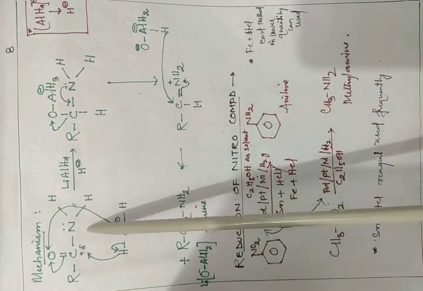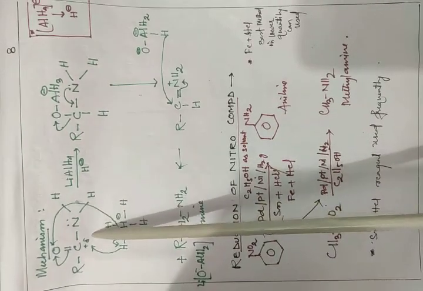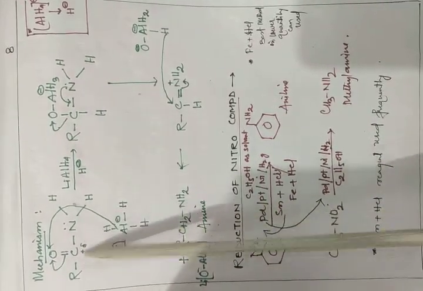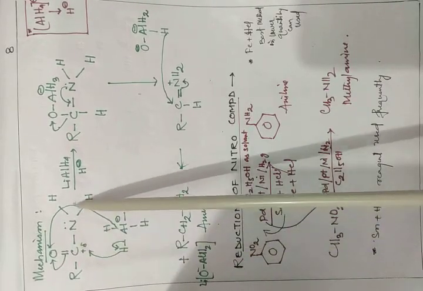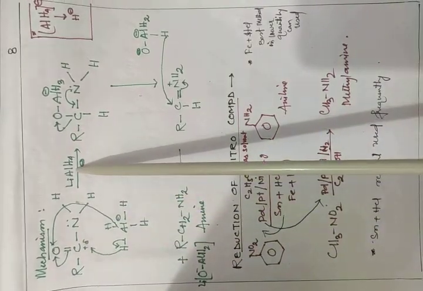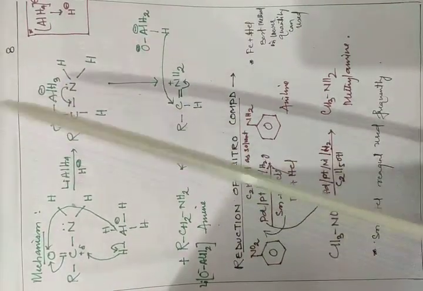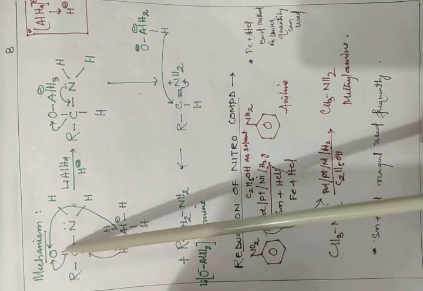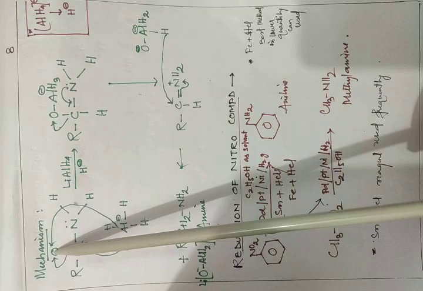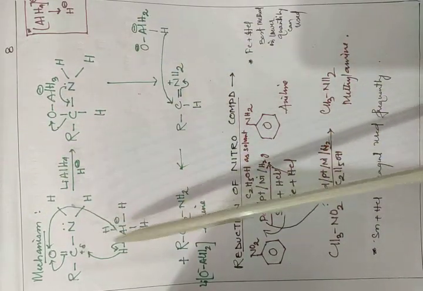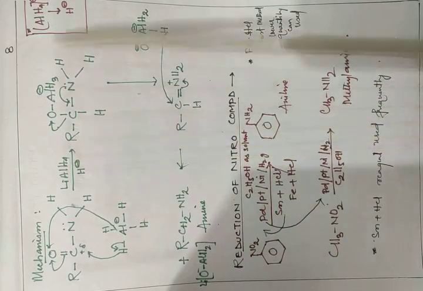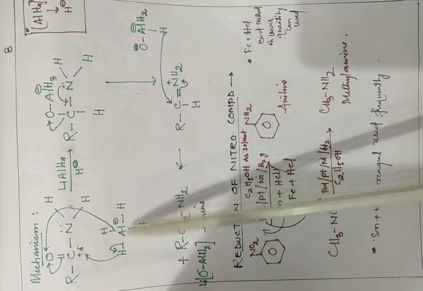Now here the mechanism is there. So here is the compound, RC double bond O NH2, and then we have to use lithium aluminum hydride. Here one double bond we have to break and give to here.